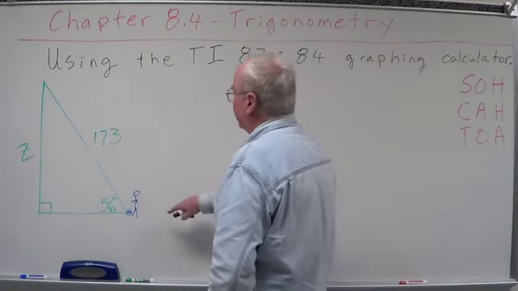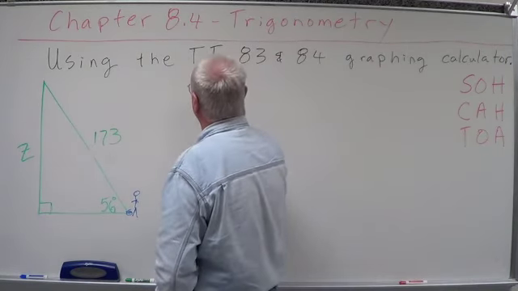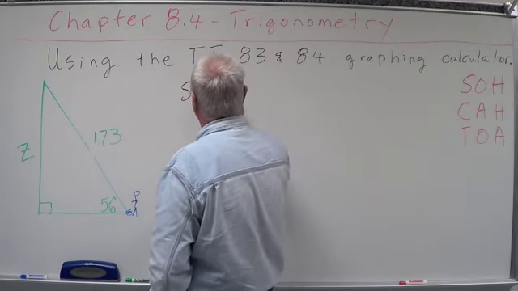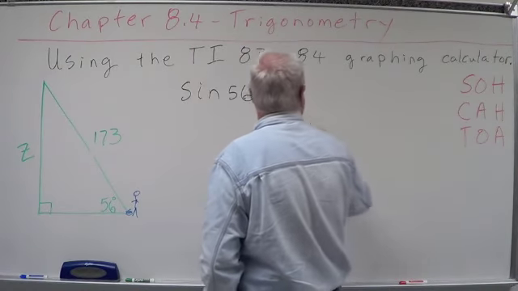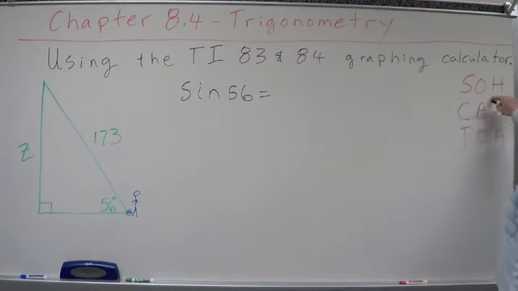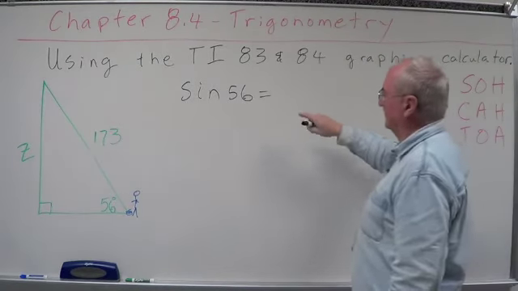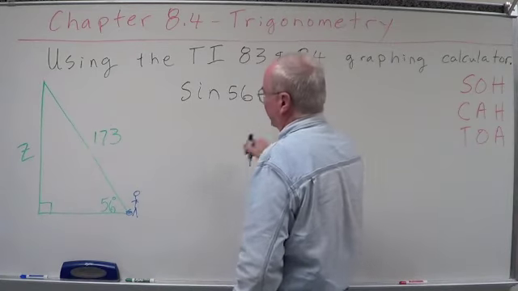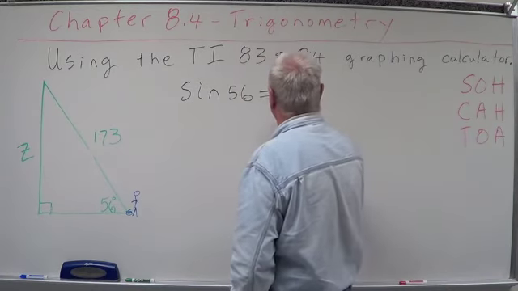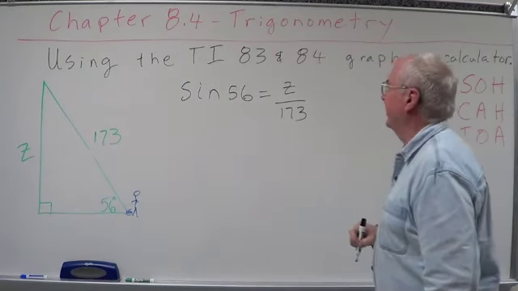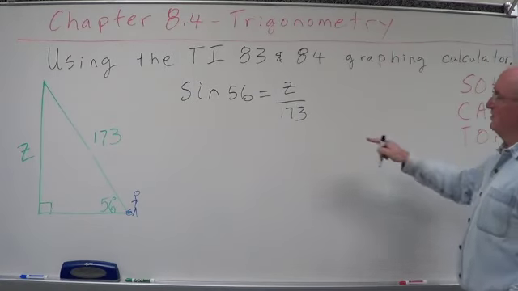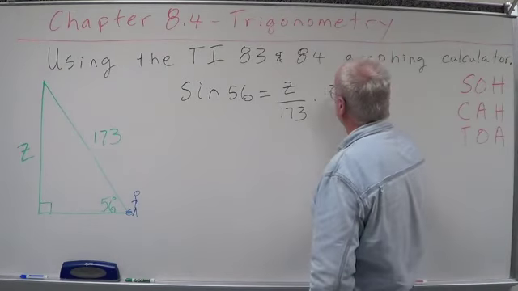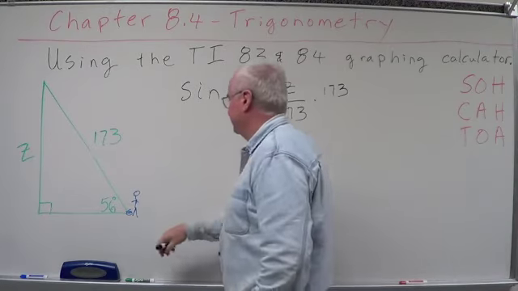All right? So we're standing at 56. So we're looking at sine 56 equals opposite over hypotenuse. What's the opposite? The opposite is z over the hypotenuse, which is 173. Okay? We want to get z by itself. What do we do? We multiply both sides by 173.